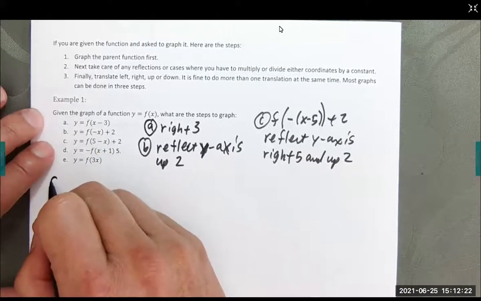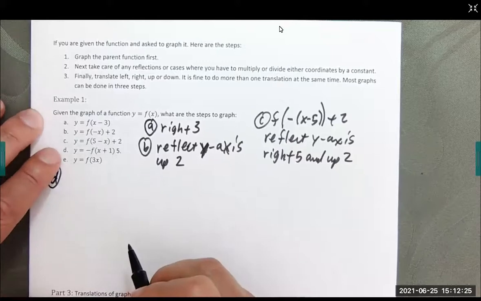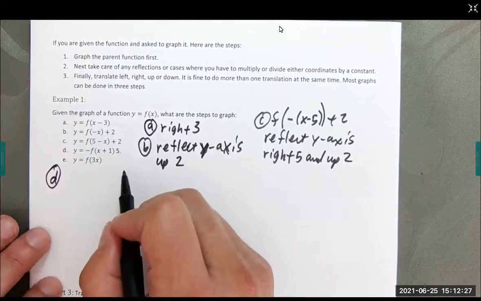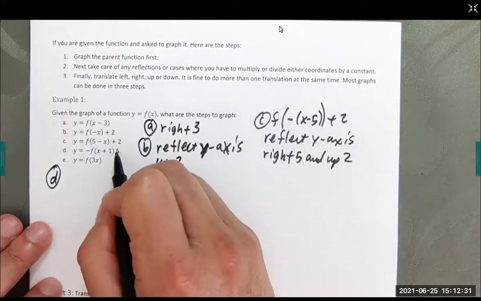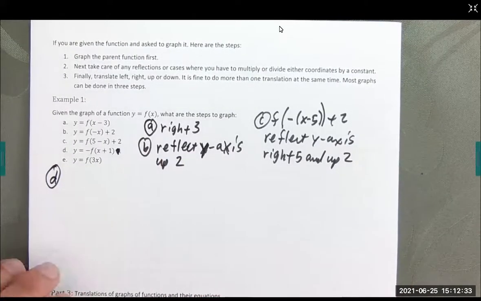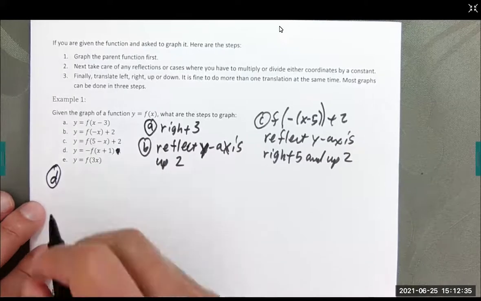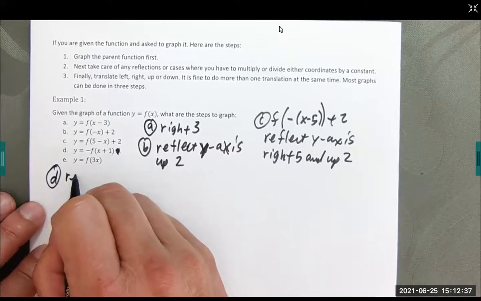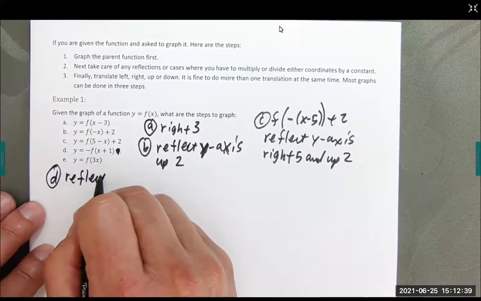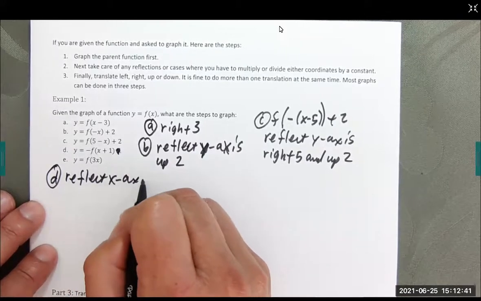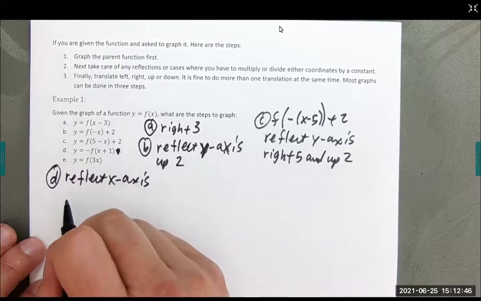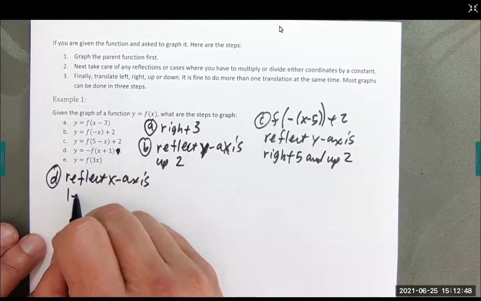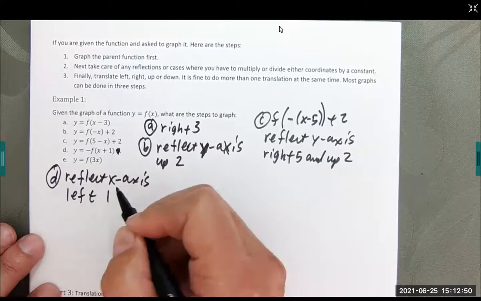Part D. For part D, we are going to reflect the x-axis, because we're multiplying the r by -1. And then we're going to go to the left by 1 because it's plus 1.